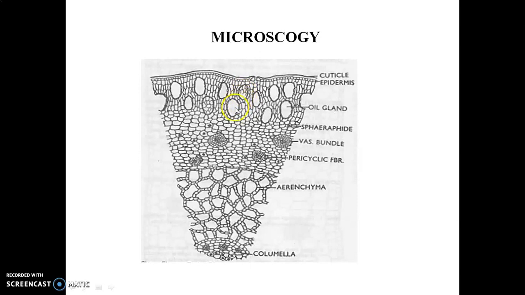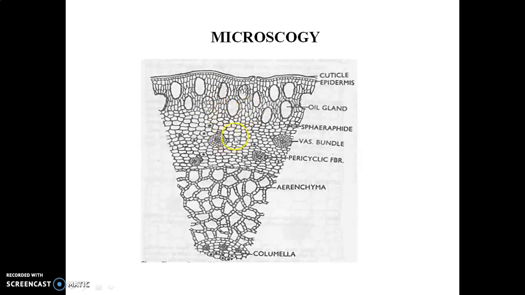These oil glands contain the volatile oil, and are generally present at the periphery near the epidermis. In between these parenchymatous cells, there are tannins, and because of the presence of tannins, they show dark color when stained with ferric chloride. Okay, so this is regarding the upper zone.